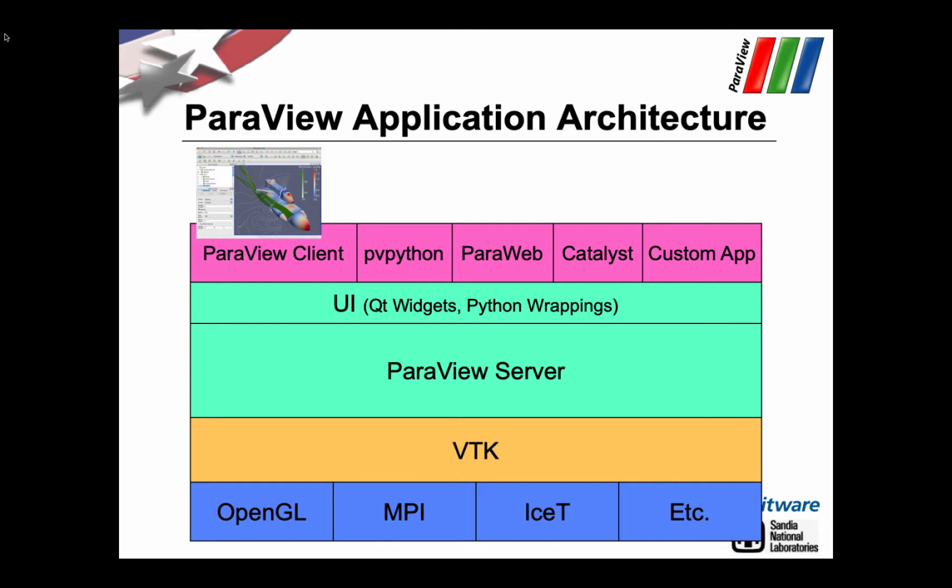This VTK layer is for the reading of VTK formatted data structures. That's the Visualization Toolkit. So it leverages VTK, although I think ParaView is better than VisIt. And then under the hood, it does a lot of different things, including OpenGL. It handles MPI if you're doing distributed computation.